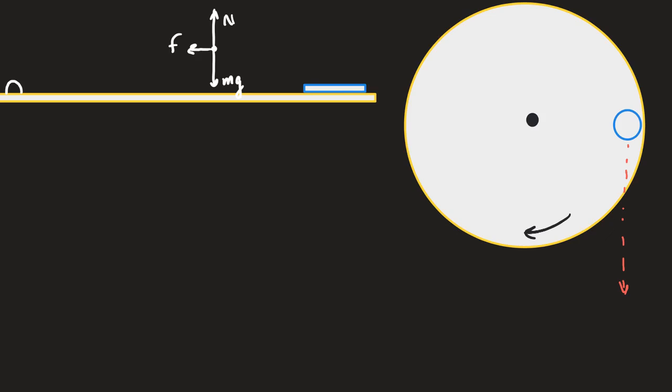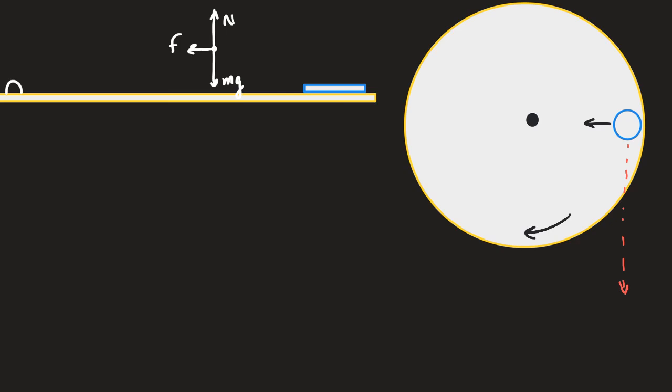That's the direction it wants to travel. The only thing that keeps it from traveling in a straight path is if something causes it to turn. The force that would cause it to turn would have to be in that direction to cause it to turn. The only force from these 3 that can do that is friction. So friction must point towards the center, and it must be the reason the dime turns on the record.